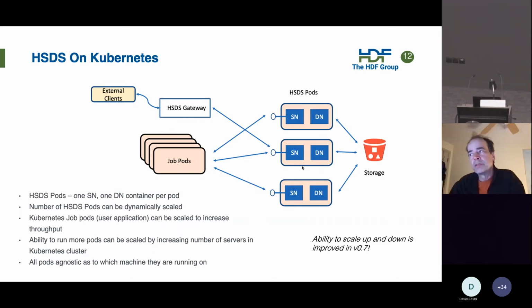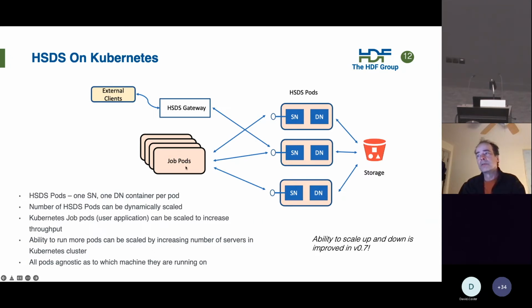One nice thing about Kubernetes is that you can have application pods running on the same cluster, talking to HSDS pods through an internal service point. And naturally, you can have external clients going through a Kubernetes ingress controller talking to the HSDS pods as well. You usually get a little better performance by having a native Kubernetes application talking to HSDS pods.